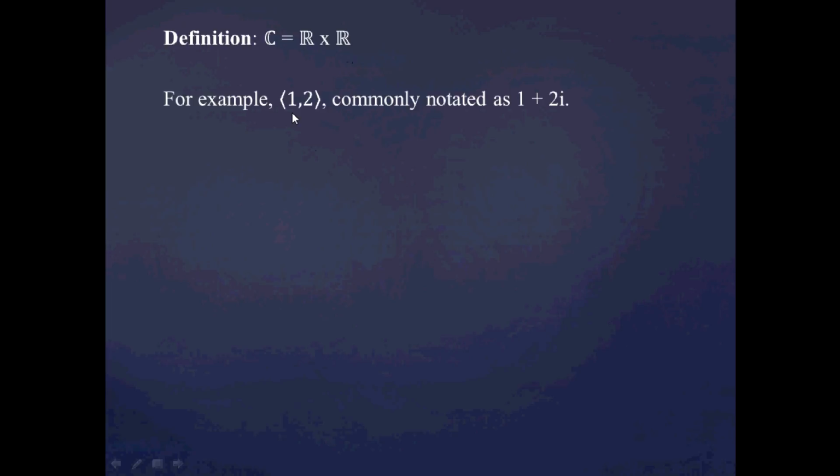For example, if we have some element within R times R, for example (1, 2), we might commonly write this as 1 + 2i, where the first component is the so-called real component, and the second component is the imaginary component. So by (1, 2), what we might say is 1 + 2i, and by 1 + 2i, what we really mean is (1, 2).